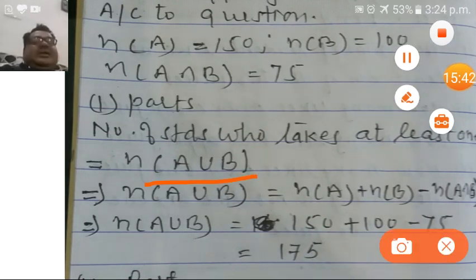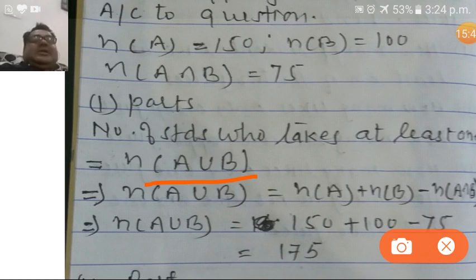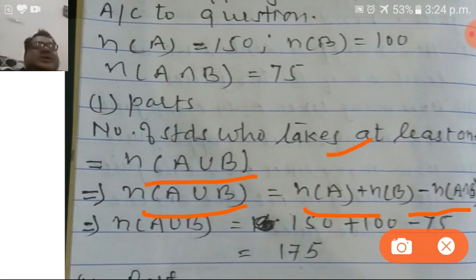And in the last slide I told that the cardinal number of A union B equals the cardinal number of A plus the cardinal number of B minus the cardinal number of A intersection B. Substitute the values of each, and we see that the cardinal number of A union B is coming to 175.